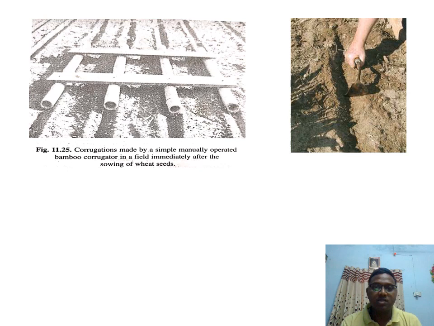In this figure we can see an implement which is used to make the corrugations, called a corrugator. Here a simple bamboo is used to make this corrugator, which is fitted at a specific spacing.